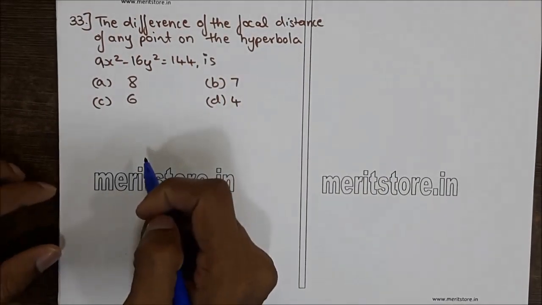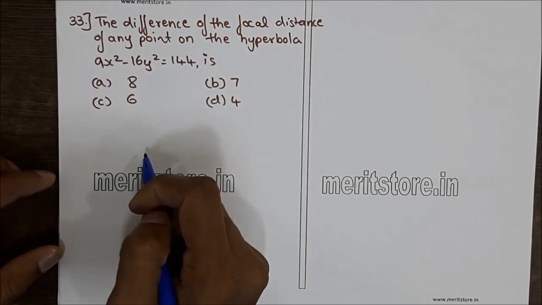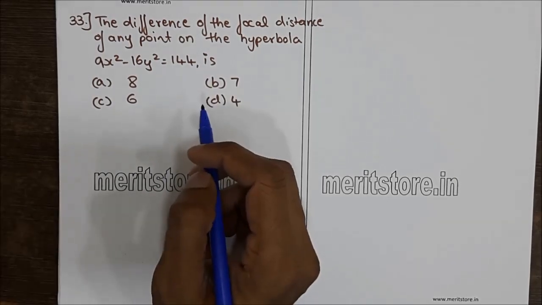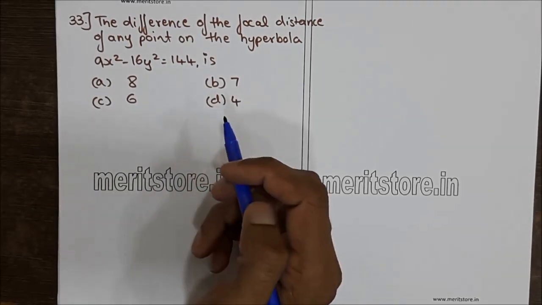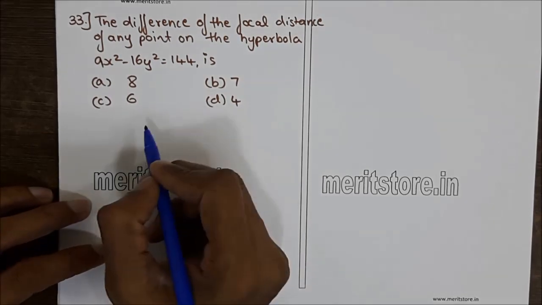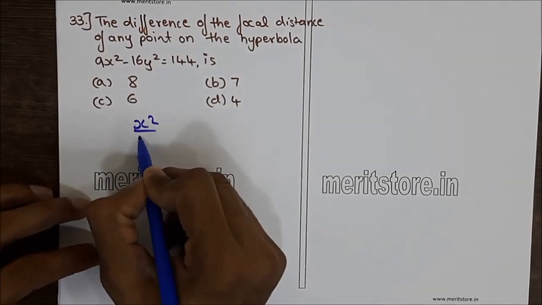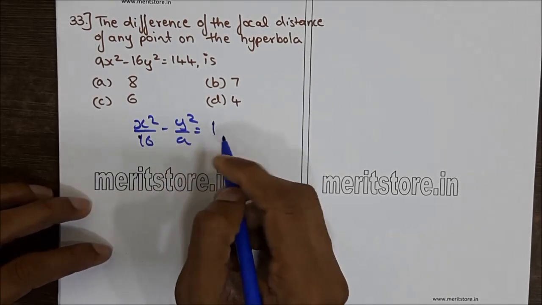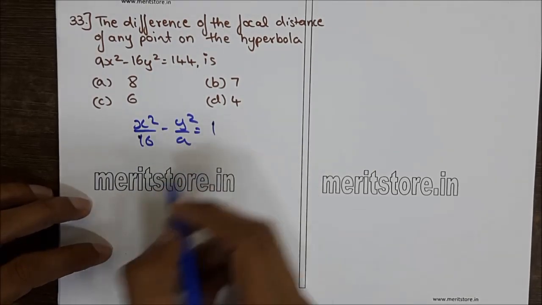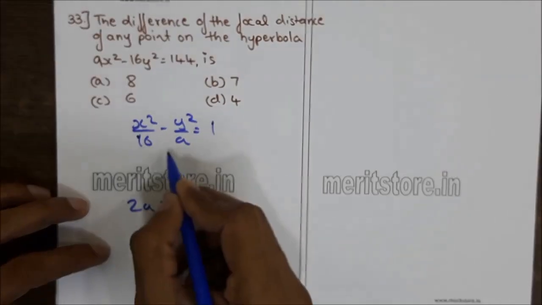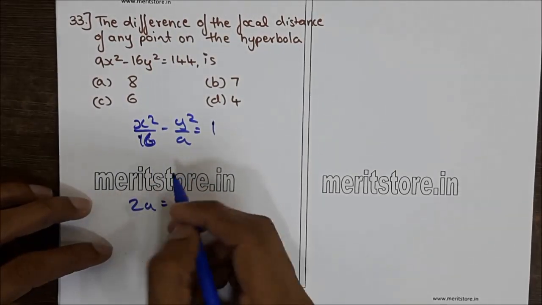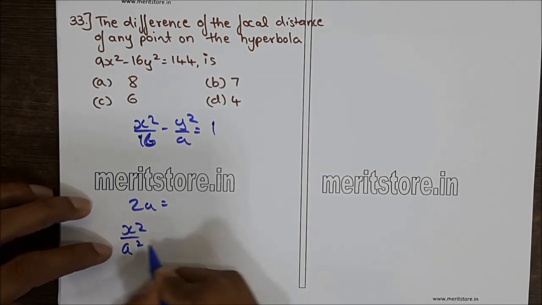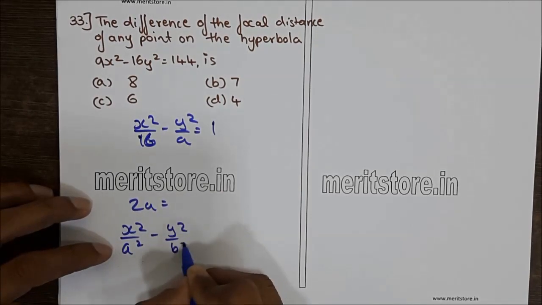Question 33. The difference of the focal distances of any point on the hyperbola 9x square minus 16y square is equal to 144 is? The 4 options are A 8, B 7, C 6 and D 4. The hyperbola is given as x square upon 16 minus y square upon 9 equal to 1. So the difference of the focal distances is given as 2a, if we compare with the standard equation, that is x square upon a square minus y square upon b square equal to 1.